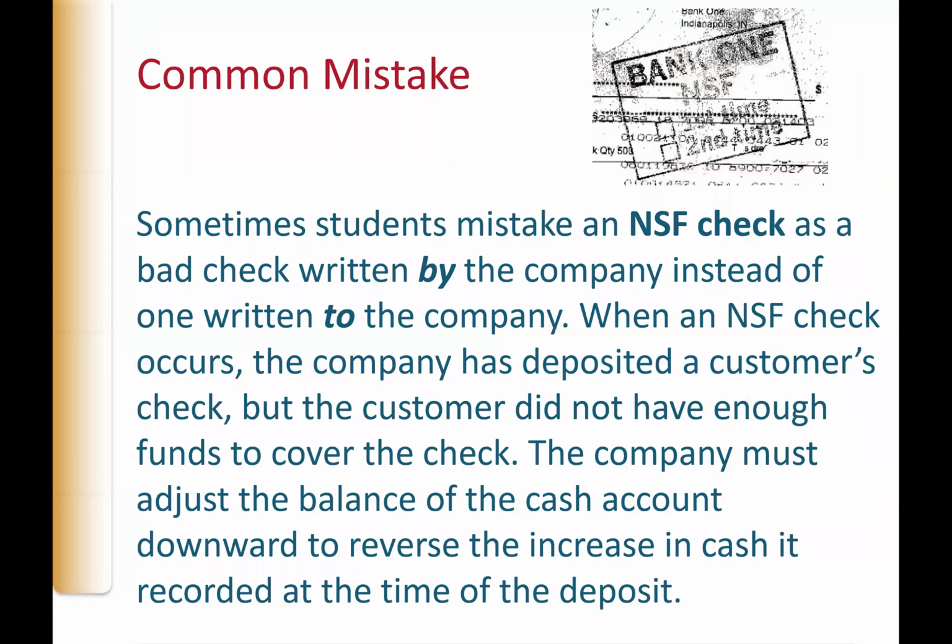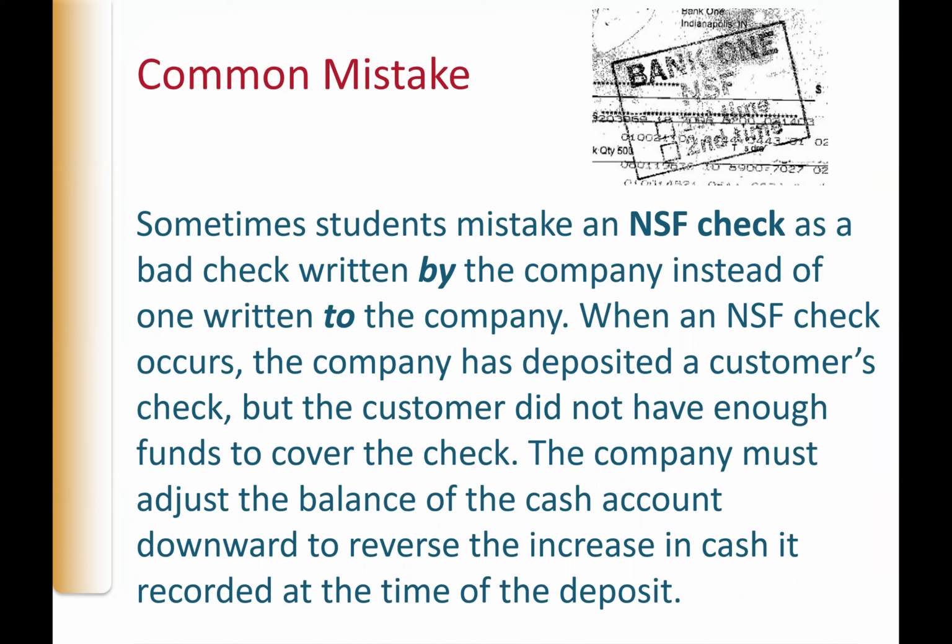Okay, so sometimes students think that an NSF check is a bad check that's written by the company. But guys, that's not an NSF. An NSF check is a bad check that was written to the company.